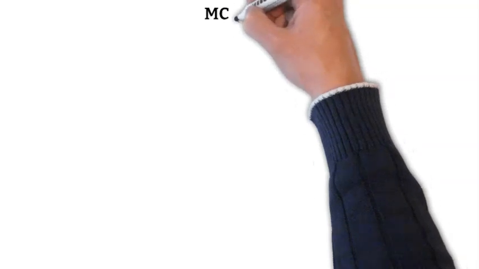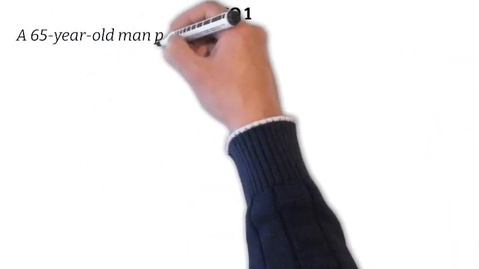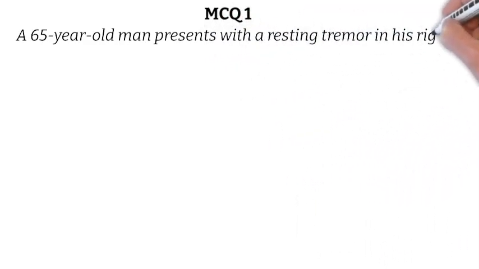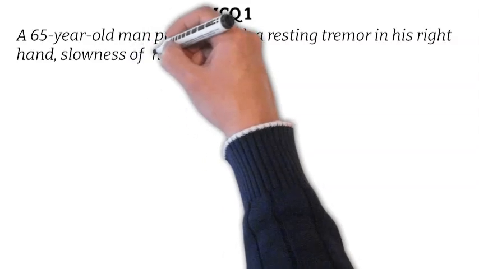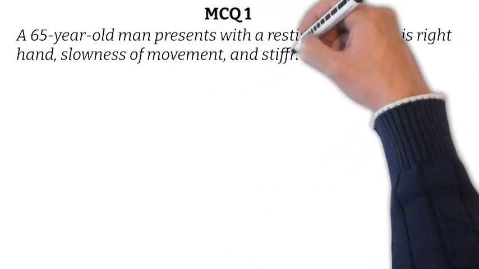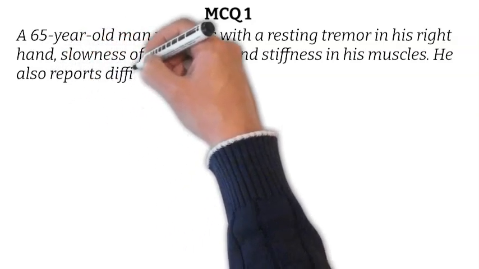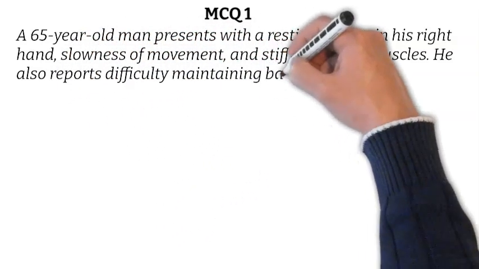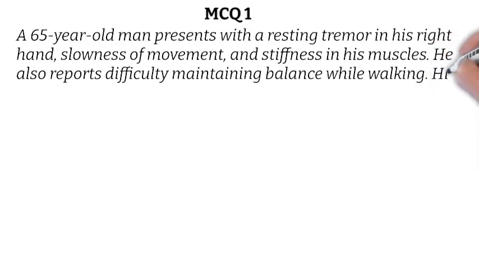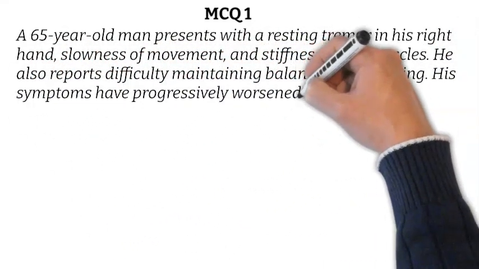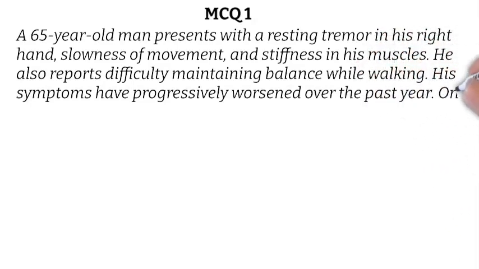Let's do a few MCQ questions. We have a 65-year-old man who presents with a resting tremor, the keyword for Parkinson's, on his right hand. It is usually asymmetric. Slowness of movement, bradykinesia, and stiffness in the muscles, rigidity. He also reports difficulty maintaining balance and poor posture while walking. His symptoms have progressively worsened over the past year.